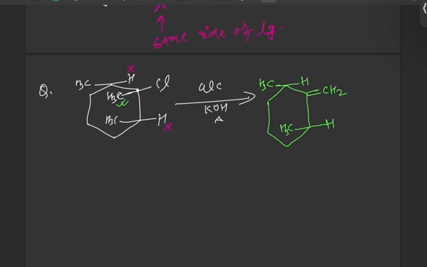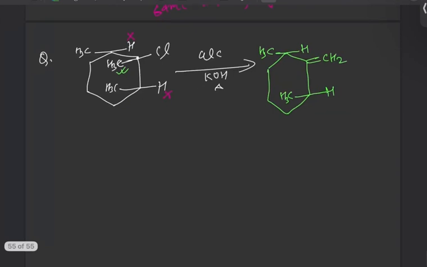Tell me, is it correct? All of you? Is it correct or not? Any confusion, anyone?